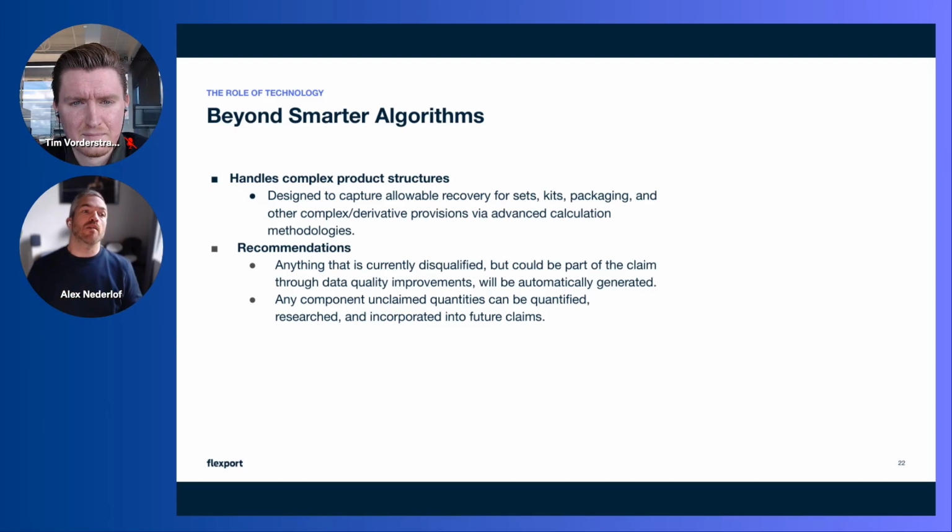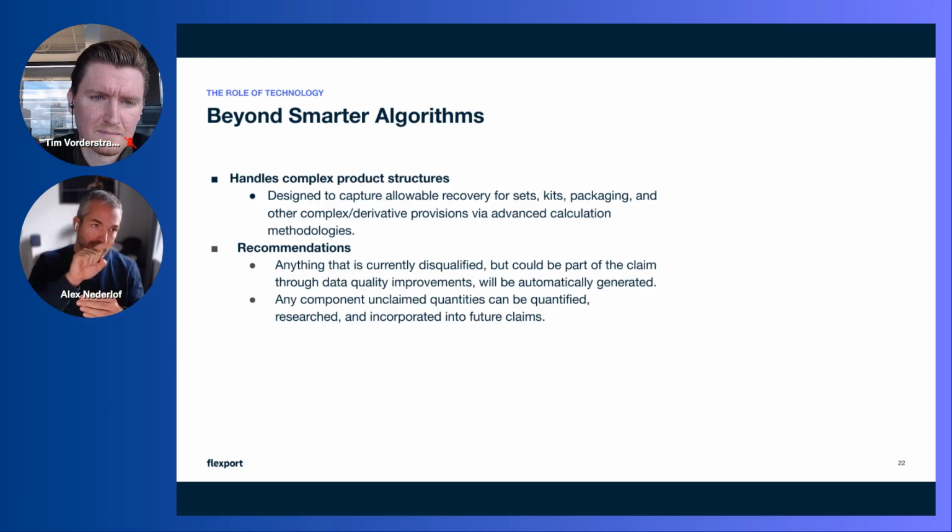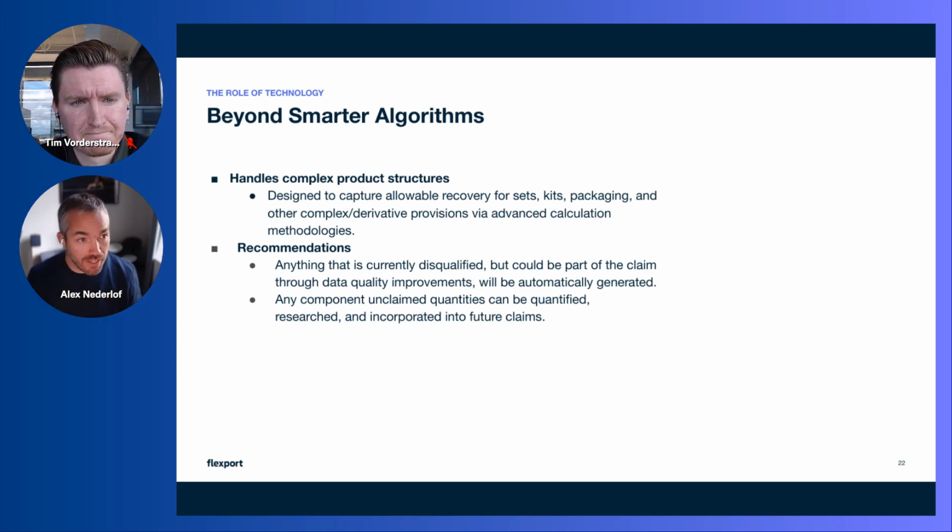And finally, because it is proprietary software and because we fully control everything that's going on, we will actually continuously evaluate and make recommendations. So as the algorithm is running, and on very large claims, this could even take multiple days, we continuously check all the data that is going in and if there are potential gaps.